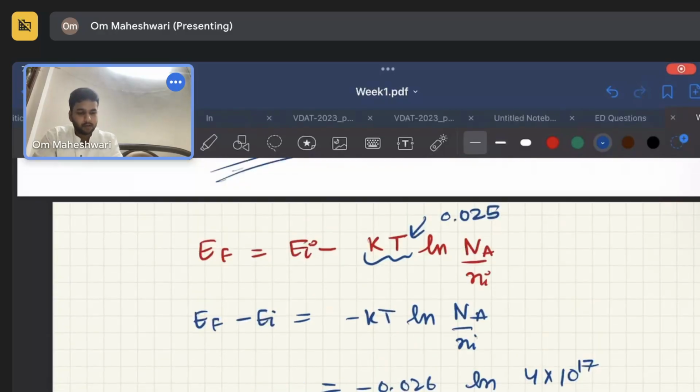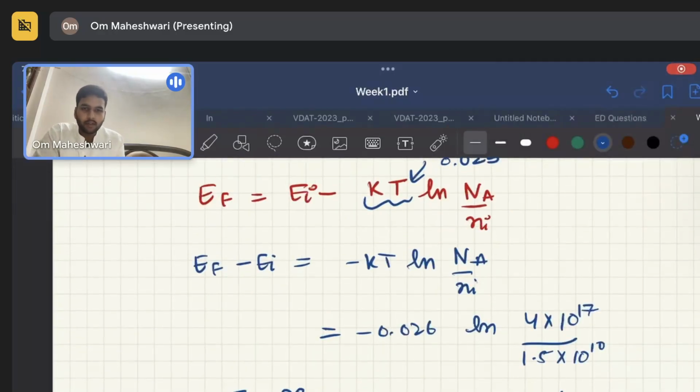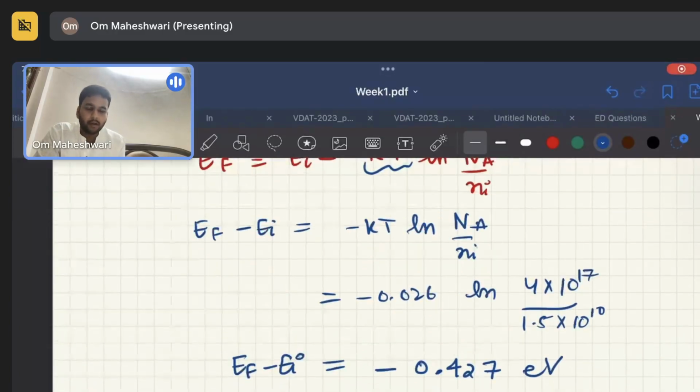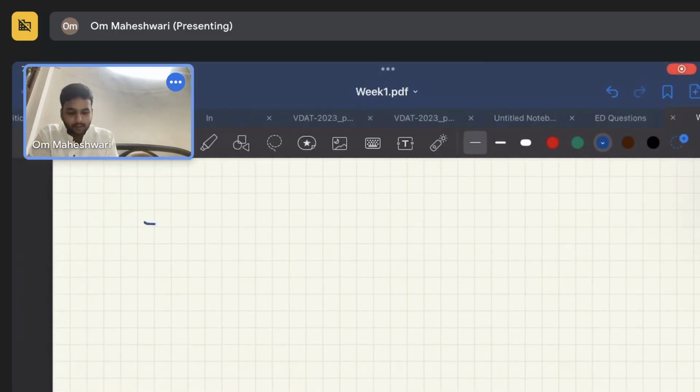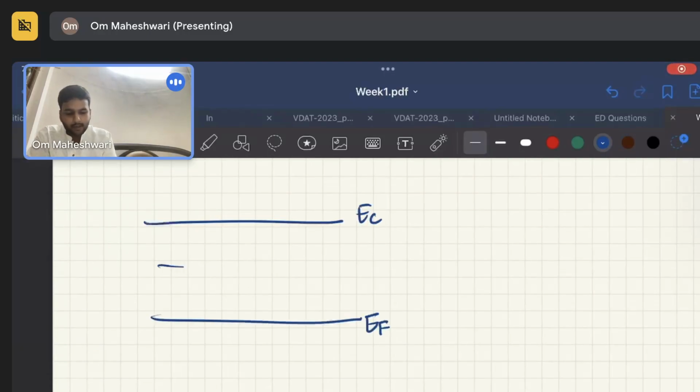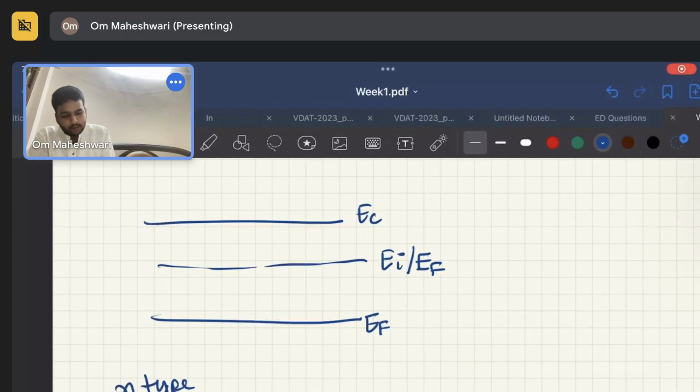You don't need to even solve this to answer whether it goes down or up. You can know even by just looking at the band diagrams, right? EC, EV. When it is intrinsic, EI and EF both coincide. N type: EC, EV, and P type: EC, EV, and EI.